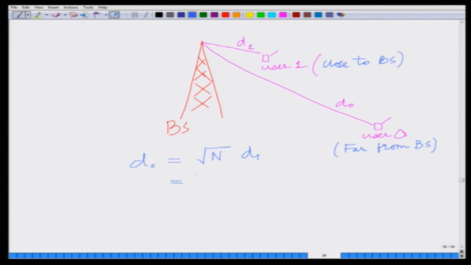If N equals 256, d0 equals square root of 256, which is 16 times d1. So, we have a CDMA multi-user scenario in which we have two users, user 0 and user 1.